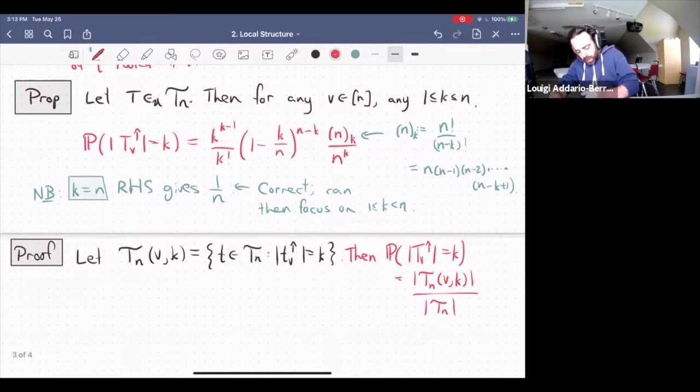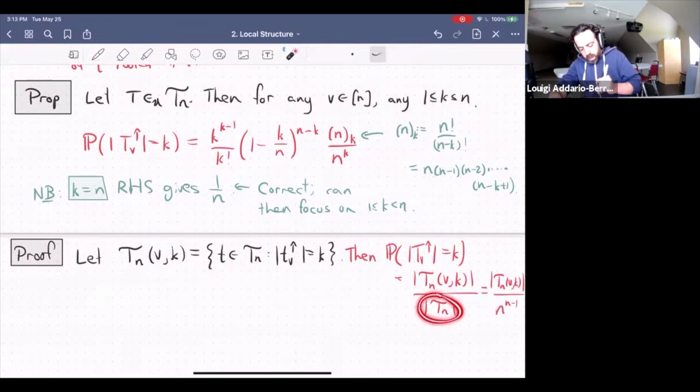Okay, and so that's just the size of T_{n,v,k} divided by n to the n minus 1. We already know what the denominator is. So if we can work out the numerator and see that the numerator gives us this expression, then we've proved the proposition.